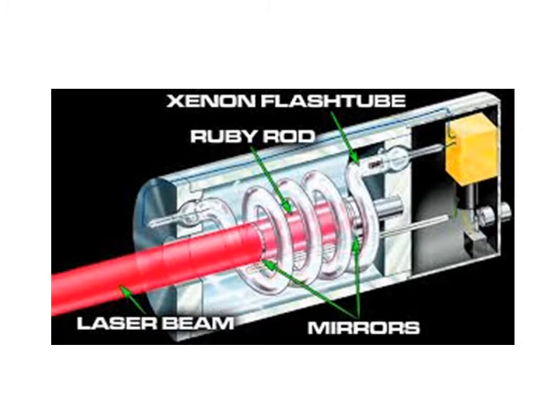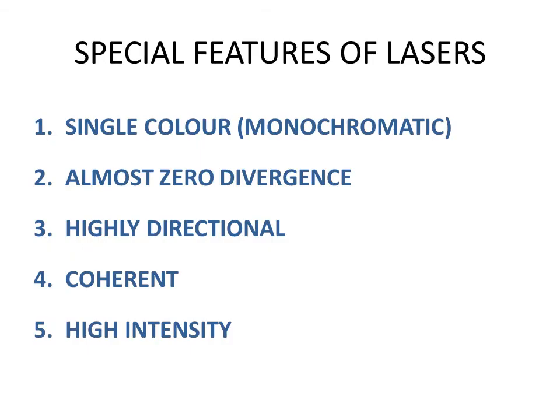And inside this helical flash lamp, you can see a red color crystal. That is actually the material in which the laser operation is taking place. Historically, ruby is also an important laser because it is one of the first lasers which was successfully operated.